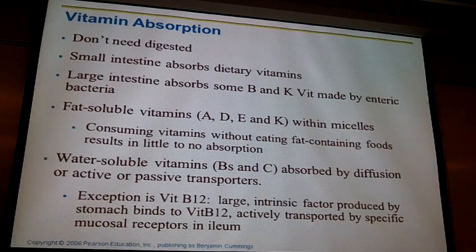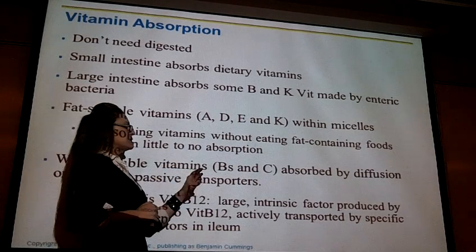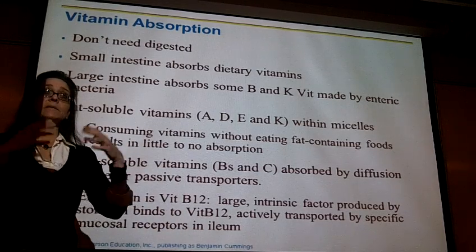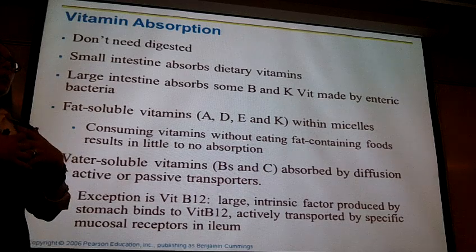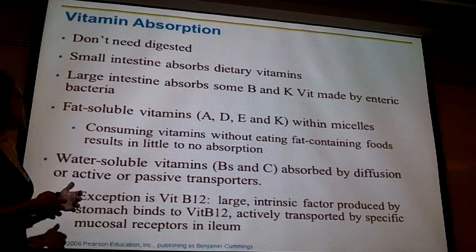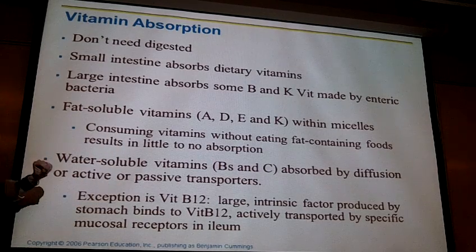Now, once you get these various vitamins into your bloodstream, if they're water-soluble vitamins, your body's going to use those particular vitamins as needed, and then whatever it can't use, those vitamins are going to just end up in your urine and being excreted from the body.